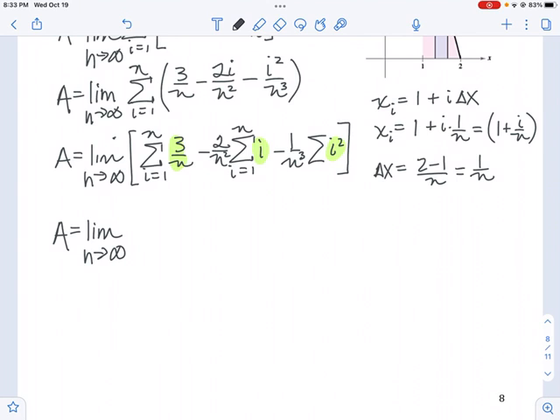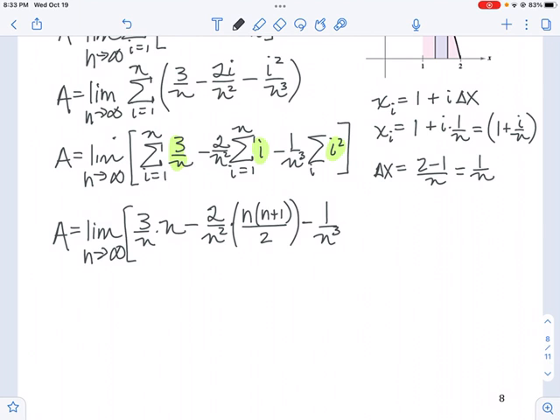So I have A is equal to the limit as n goes to infinity of 3 over n, times n. That's just a number, that's just going to be 3. Minus 2 over n squared, times the summation of i, which can be replaced with n times n plus 1 over 2.